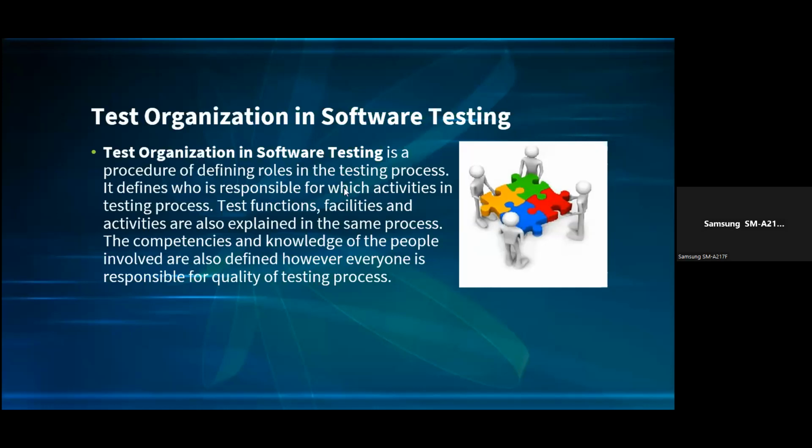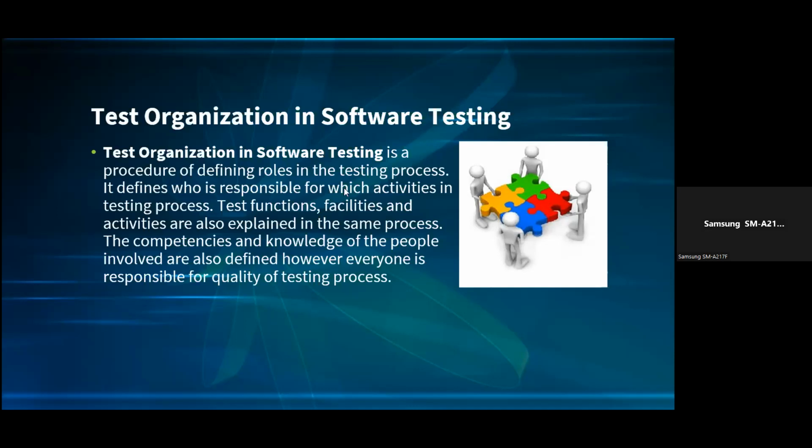So all this has to be tested also in the test plan. It gives us visibility. It makes us understand who is going to deal with this. It defines who is responsible for which activities in the testing process. Test functions, facilities, and other activities are also explained in the same process.